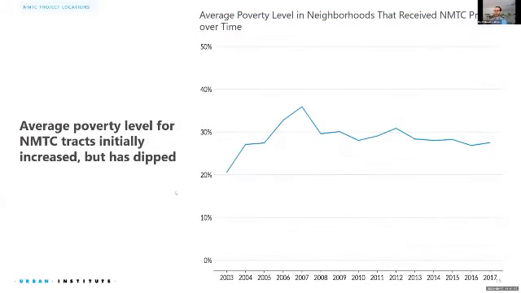Okay, looking over time, we see average poverty level initially increased. So it initially got more progressive. It was initially more targeted to places of higher poverty. It's leveled off and remained pretty consistent over time. So we have not seen the program continue to do better in terms of targeting places that have higher poverty.